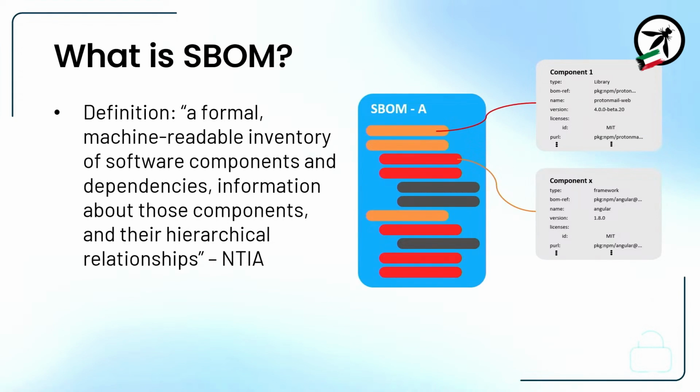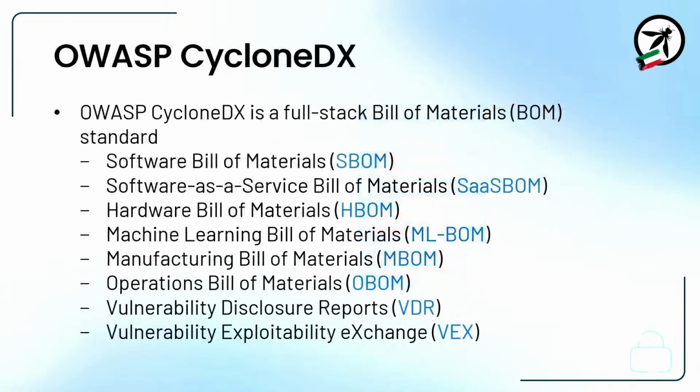NTIA defines SBOM as a formal machine-readable inventory, most likely XML or JSON. This inventory covers software components and dependencies, information about those components, and hierarchical relationships between them. OWASP developed a standard called CycloneDX.